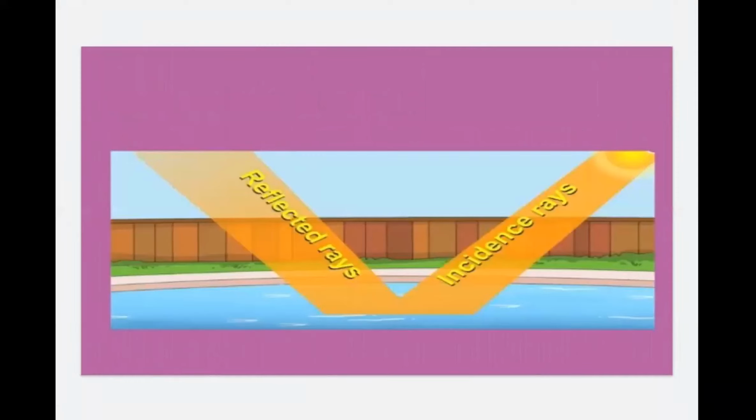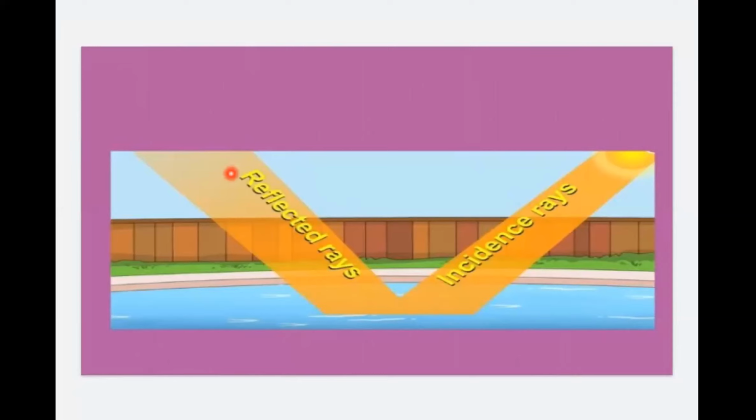Here again, we see that there is a pool of water. There are sun rays, or you can also say light rays, coming and hitting the surface. Being a plane surface, the rays of light will be bounced back in the same medium. Here the medium is air.